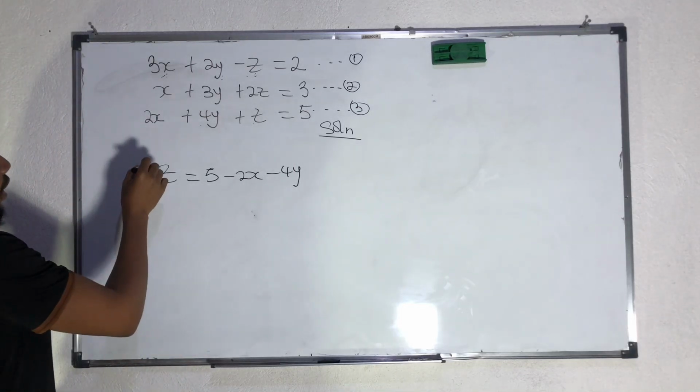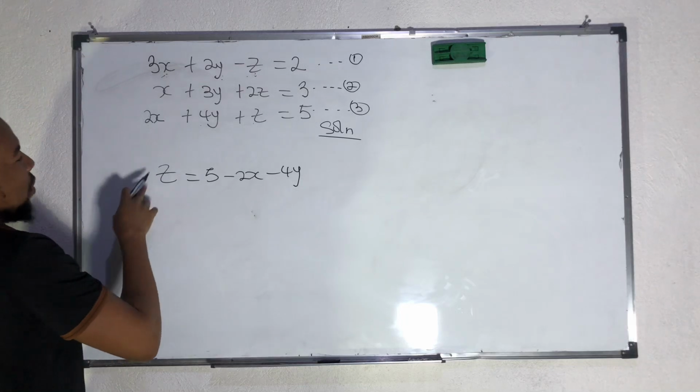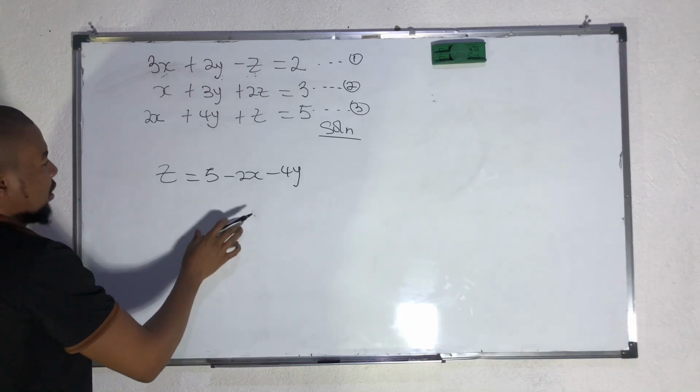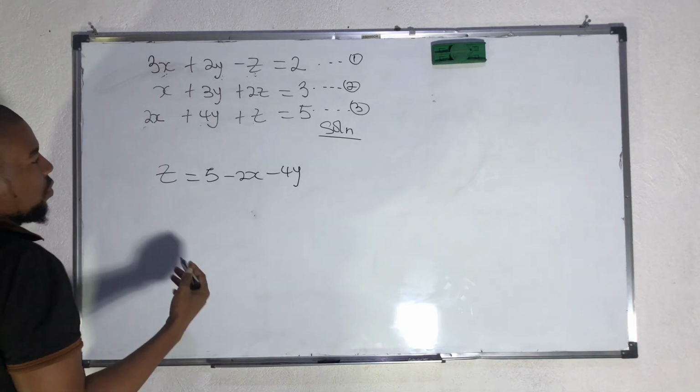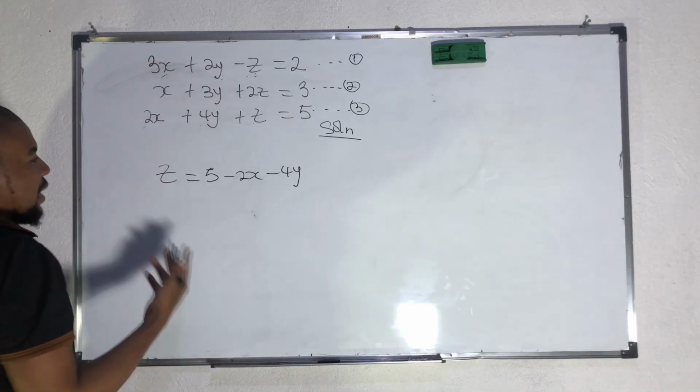It's very, very easy to work with this. If the z stands on its own, or if the y stands on its own, it's very easy to work with. But if it has a number in front of it, like a number greater than 1, it becomes a problem for learners.